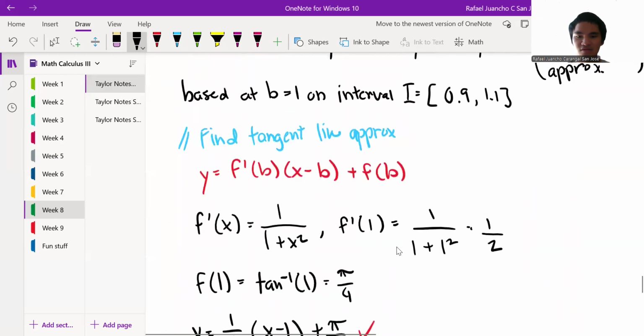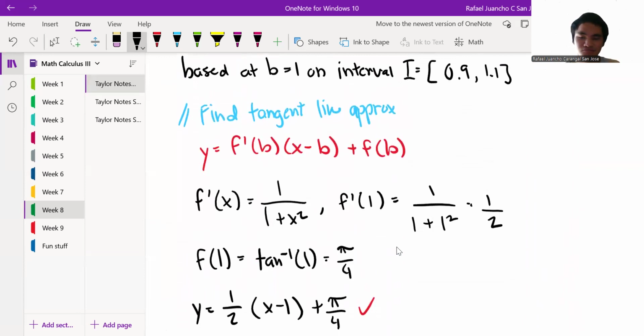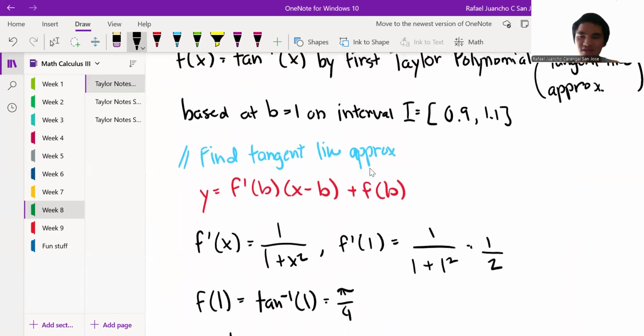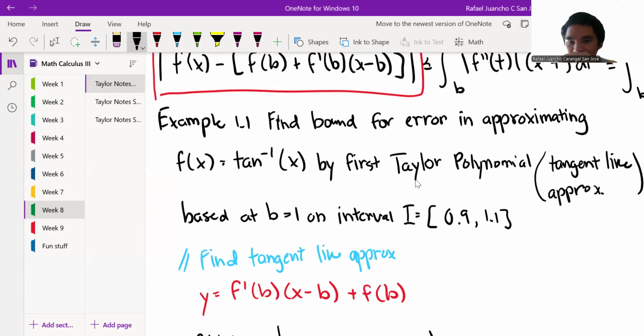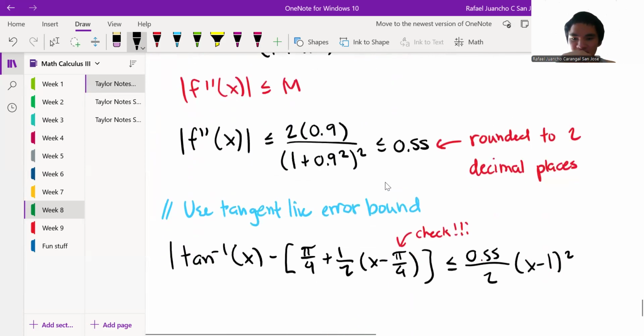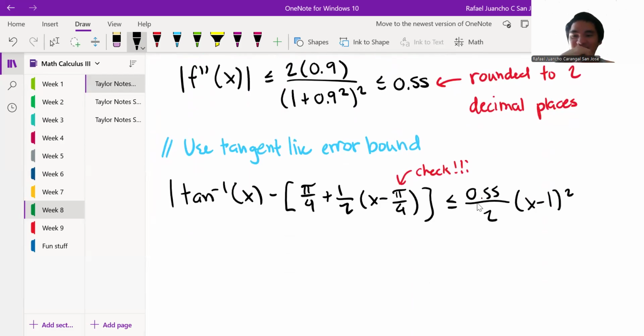Maybe it's from this interval? I think it's just from the interval.